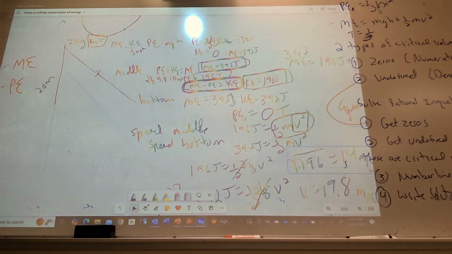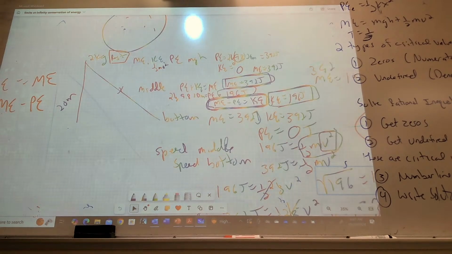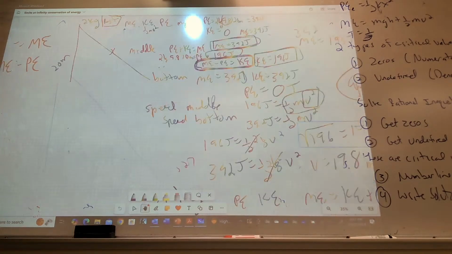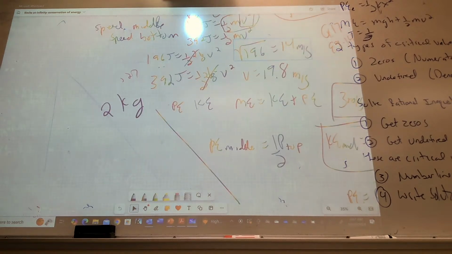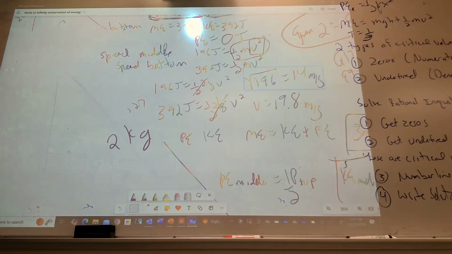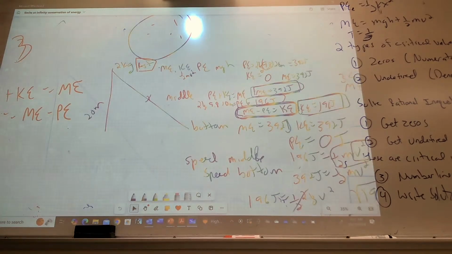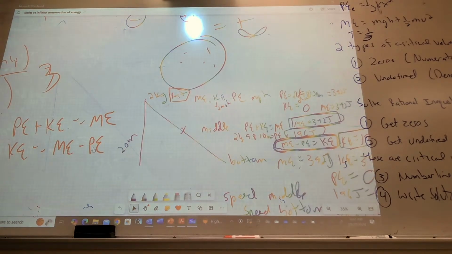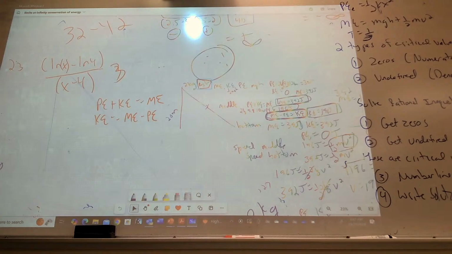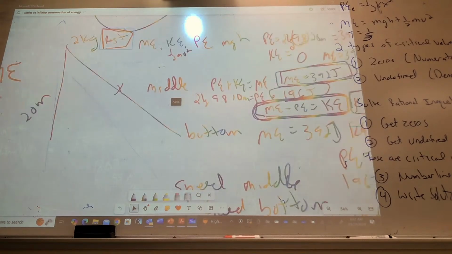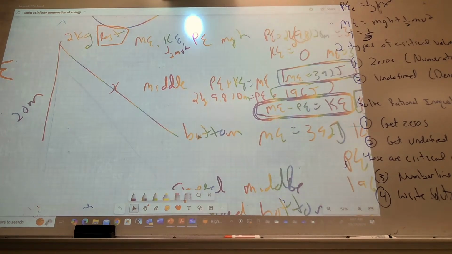All right, so let's talk about conservation of energy. So we were looking at something going down an incline, and what we did was, at the top, the middle, and the bottom, we did mechanical energy, kinetic energy, and potential energy.